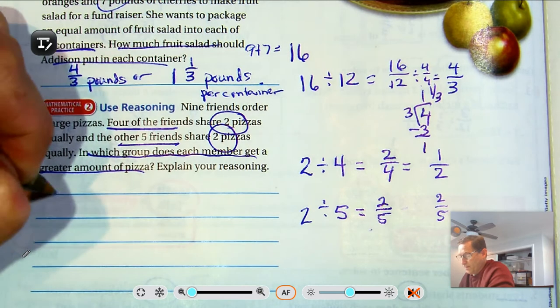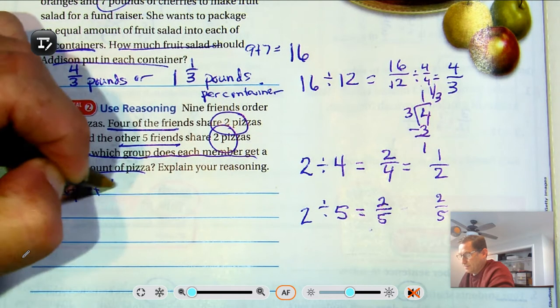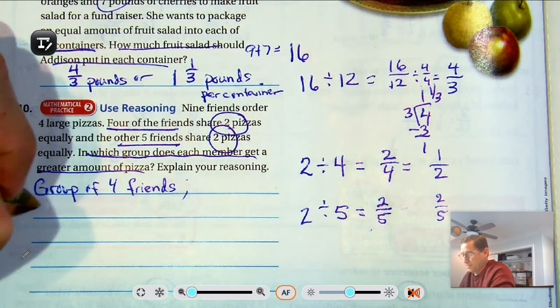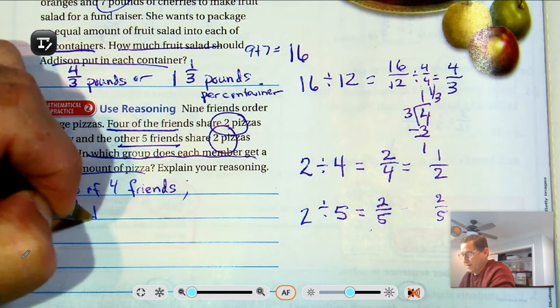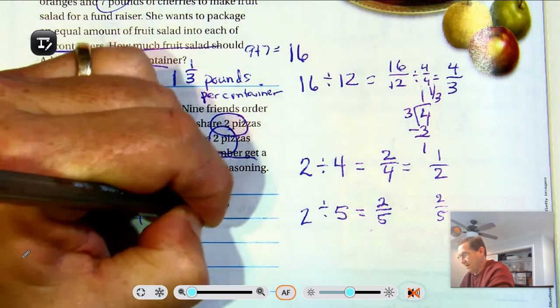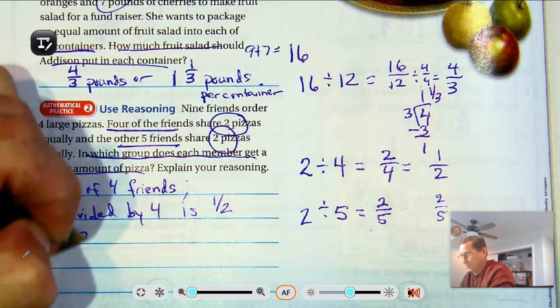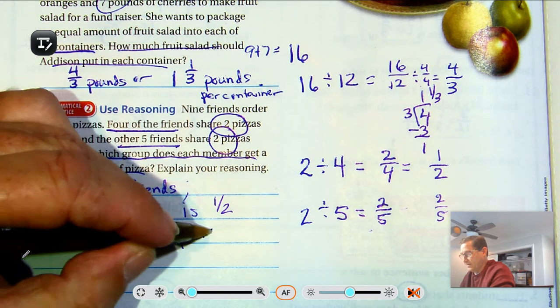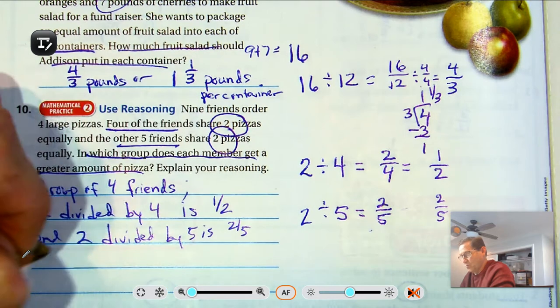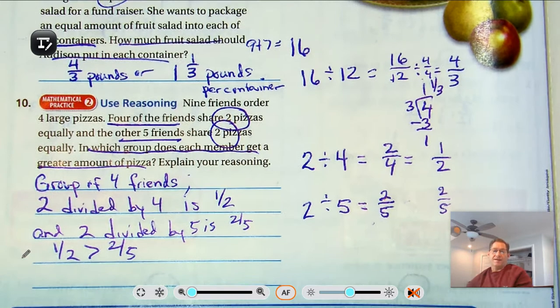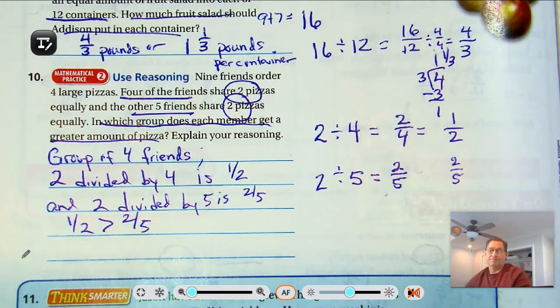The group of 4 friends. 2 divided by 4 is 1/2. And 2 divided by 5 is 2/5. 1/2 is larger than 2/5. Half of 5 is 2.5. Right? So it's not even a half.